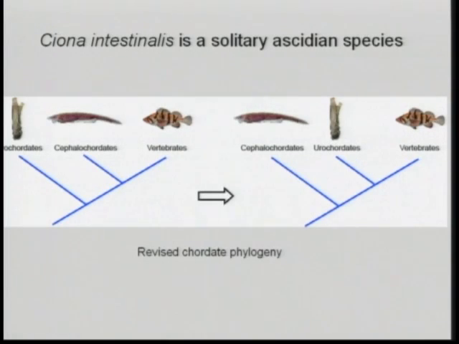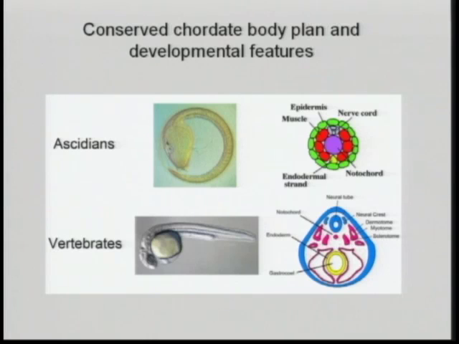Although the adult Ciona does not look like a chordate at all, the similarities are profound at the embryonic stage. This is an ascidian tadpole stage larva, compared to a vertebrate larva, a zebrafish at a similar stage. You see they are all tadpole-looking with very similar body plans.